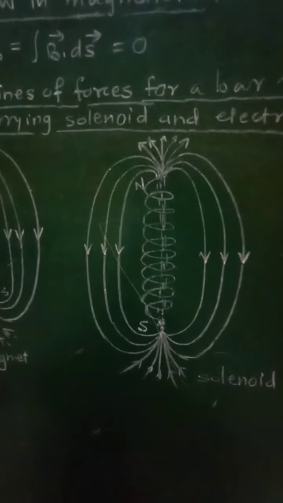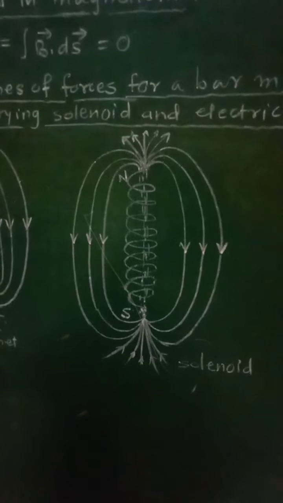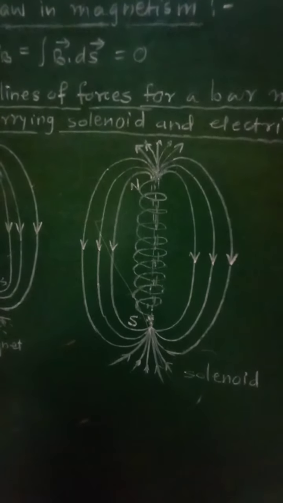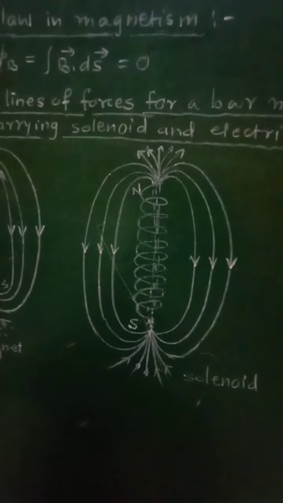From all the three diagrams we can conclude that for electrostatics the isolated electric charge exists.